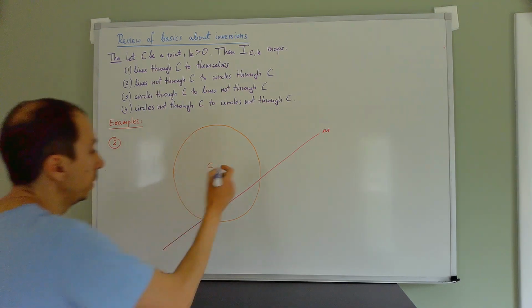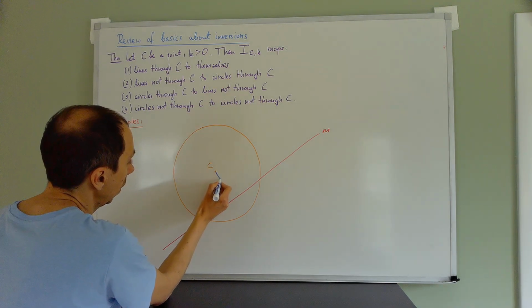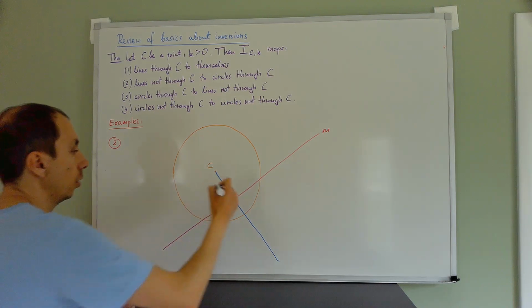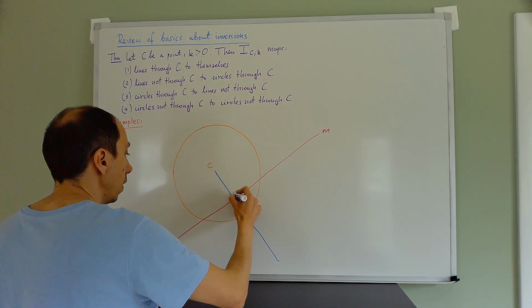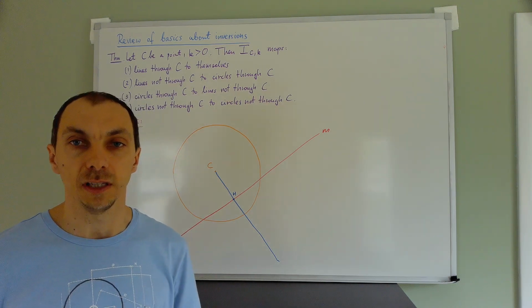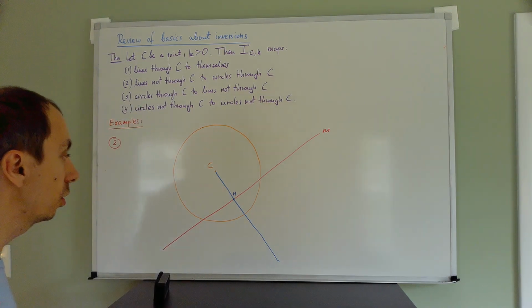I first draw a perpendicular line to this, and I call this H. And my first task is to find the image of H under the inversion.